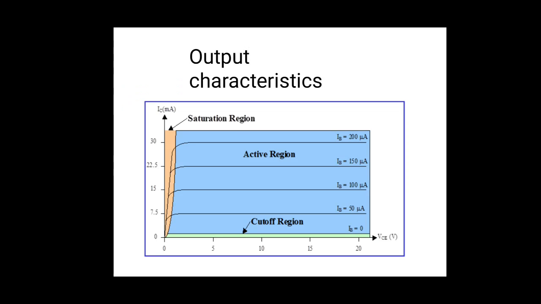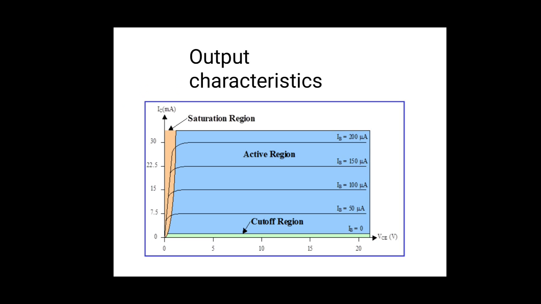Here the output current is IC, which is measured in milliampere, and the output voltage is VC, which is measured in volt. IB is the input current, and we have kept it constant. IB is 50 microampere, 100 microampere, 150 microampere, 200 microampere. These are four different values.